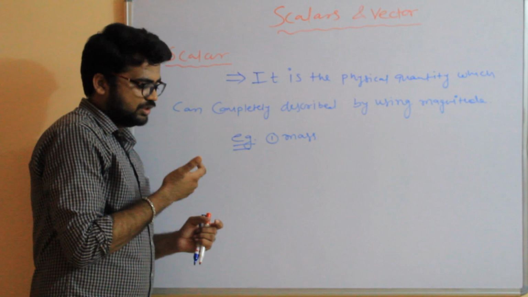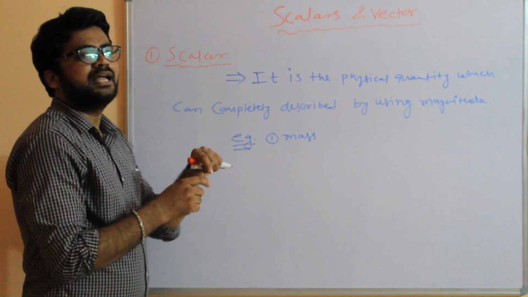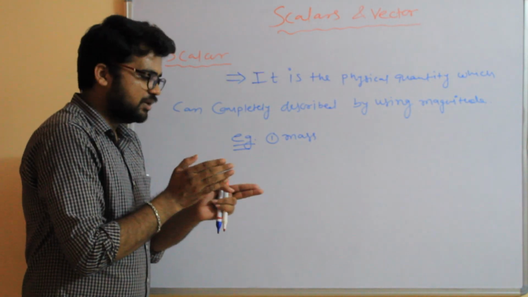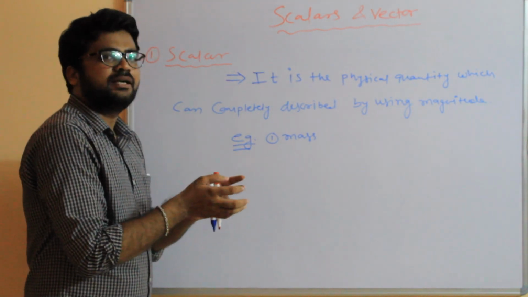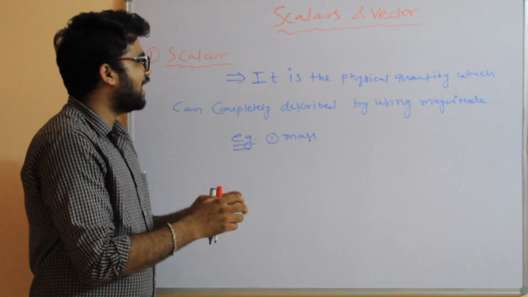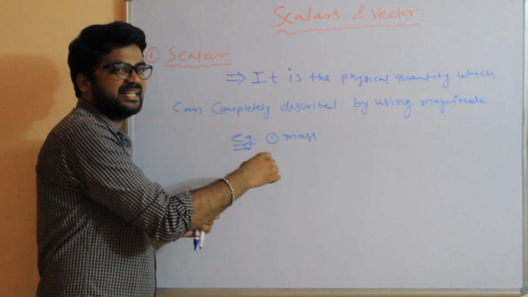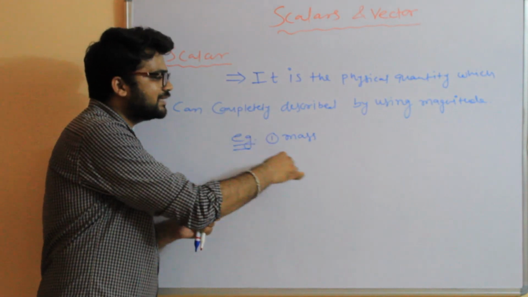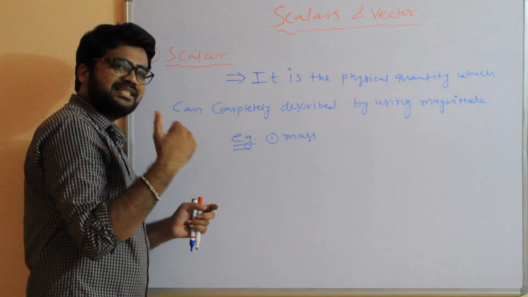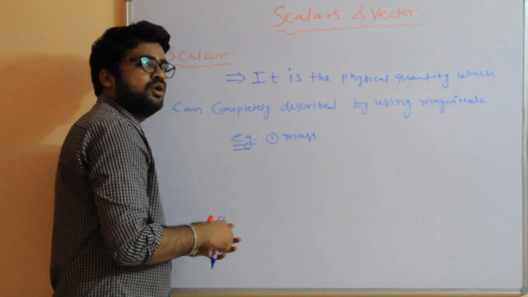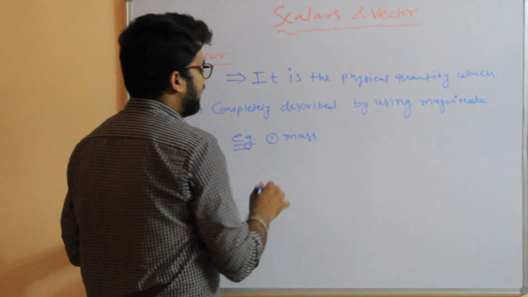This 1 is the number, this kg is the unit. So the magnitude as well as the unit combine and define one quantity completely, and that quantity is a scalar quantity. So mass is a scalar quantity, described completely by using only the magnitude, right?